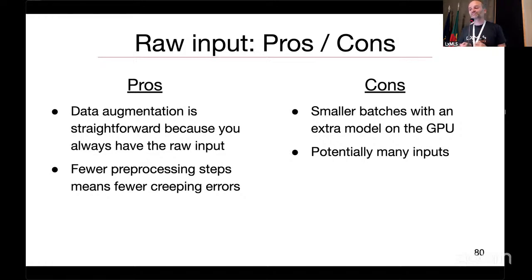But the cons of this is that you're going to have smaller batches because you need to now put a vision transformer on your GPU as well as your LLM, which I think is why we're seeing a trend towards working with smaller vision language models instead of the large beasts that you find in the literature these days. And like I've just said, there are potentially too many inputs for your model to deal with this effectively.